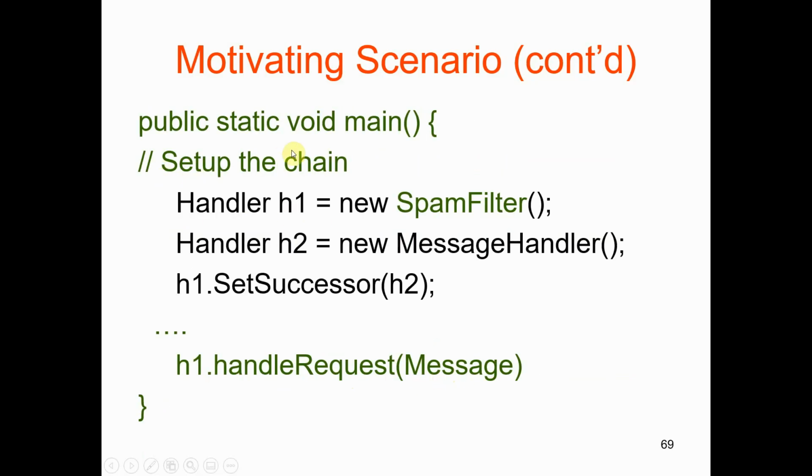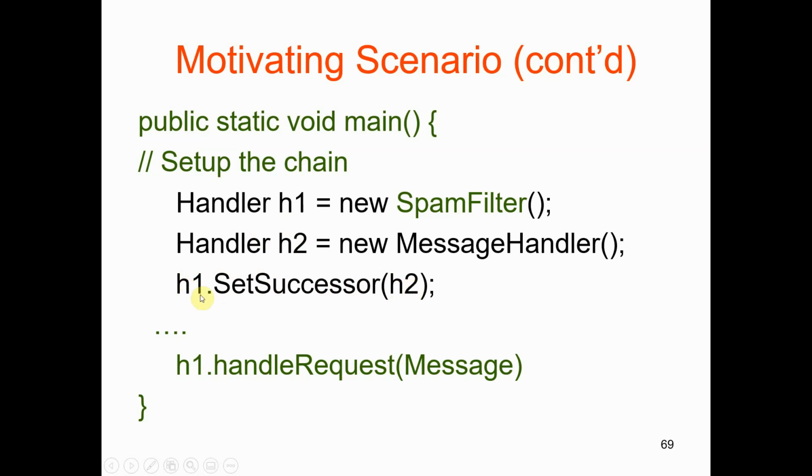Okay, so this shows you the client code, and the client needs to assemble the chain, to set up the chain. The spam filter is the first one. How do we set up the chain? We call h1 set successor h2.